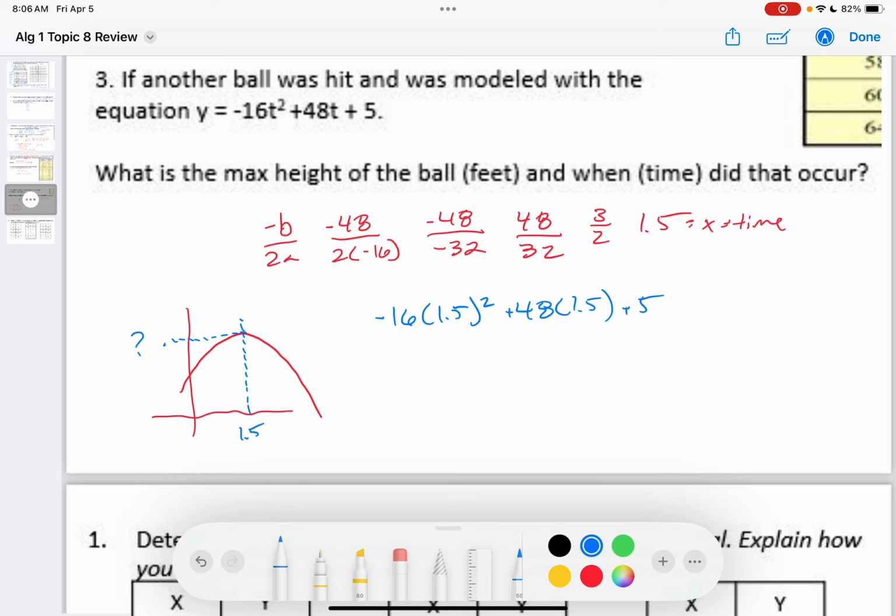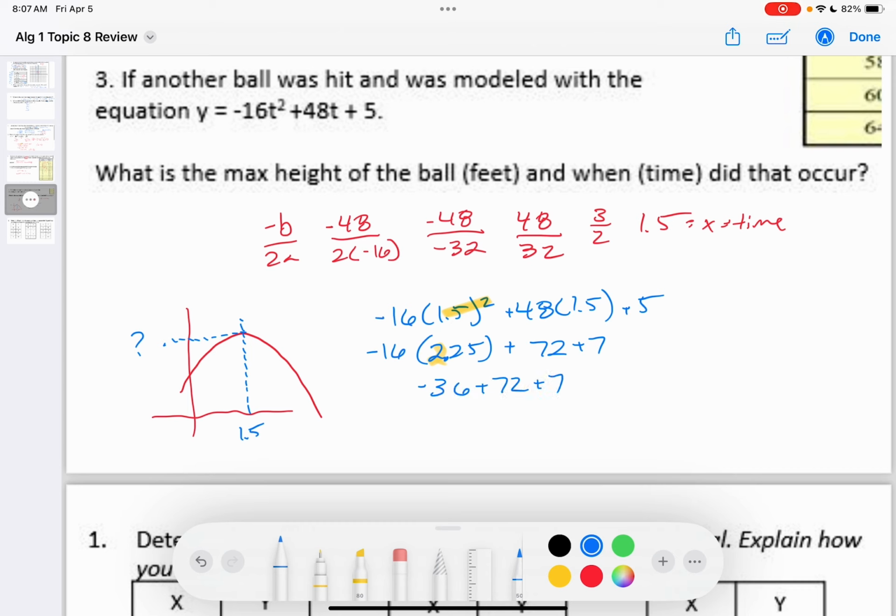Again, exponent first, so 1.5 squared is 2 1/4. So 2.25 times negative 16 plus 48 times 1.5 is 72 plus 7. Negative 16 times 2.25 is negative 36 plus 72 plus 7.